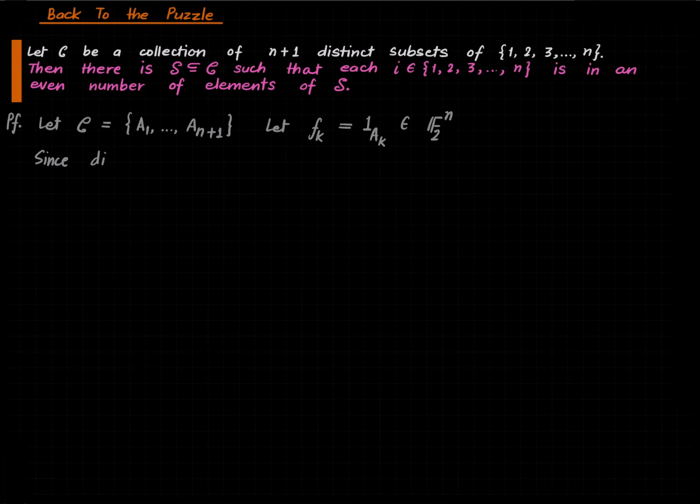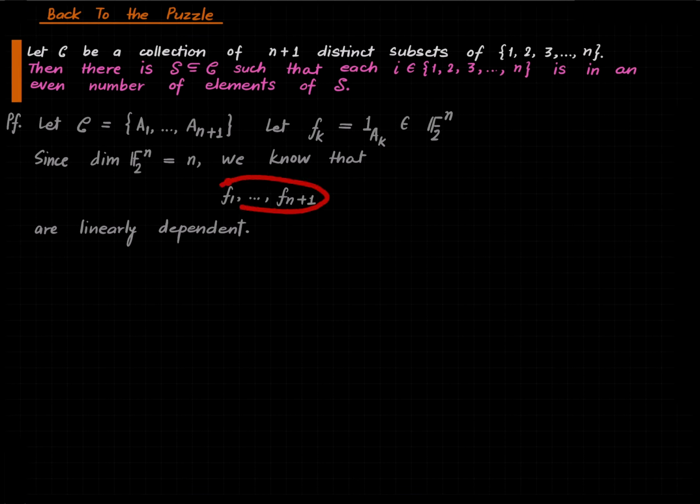Okay, so since the dimension of F2 to the n is n, we know that this list of vectors is linearly dependent. Right? This has to be a linearly dependent list of vectors because these are more than the dimension of the vector space in which they lie.